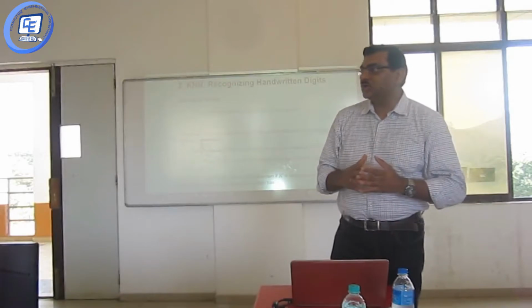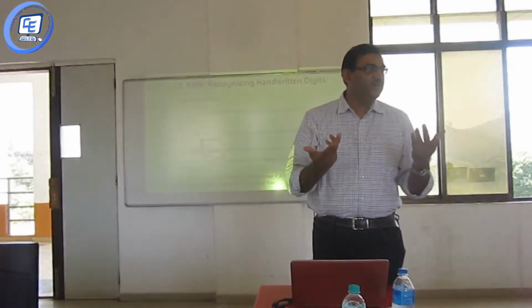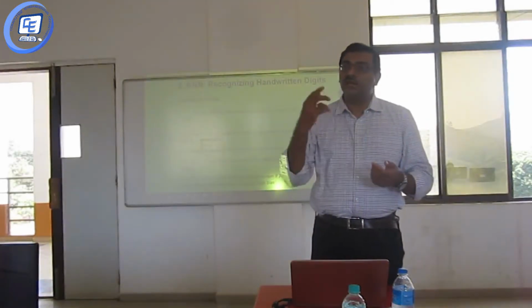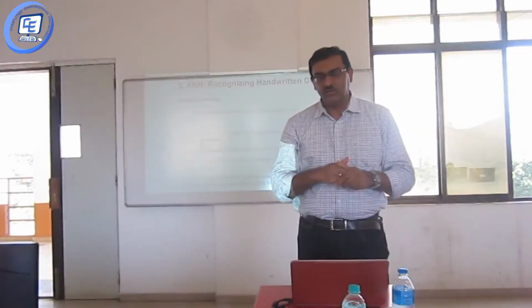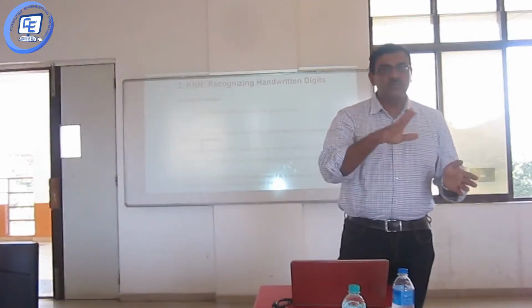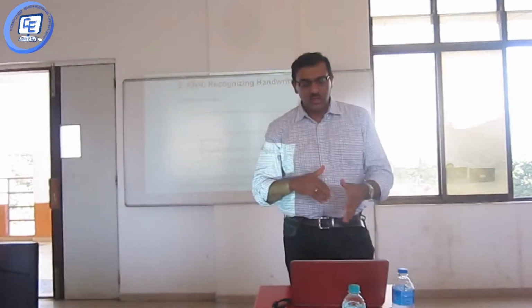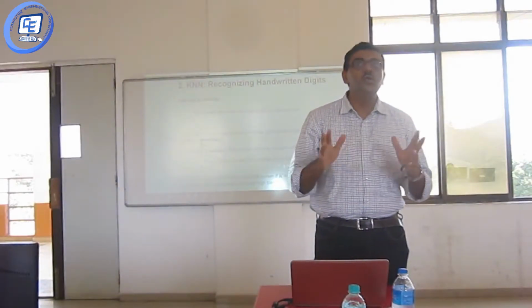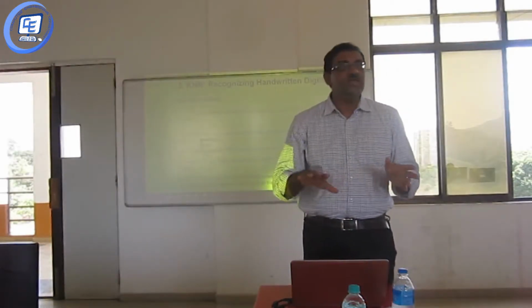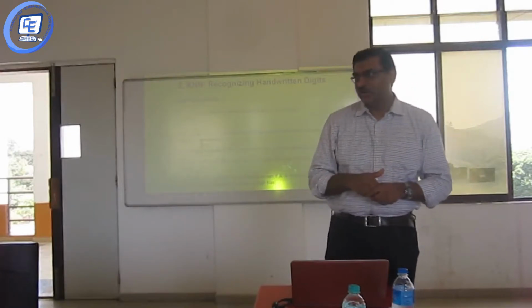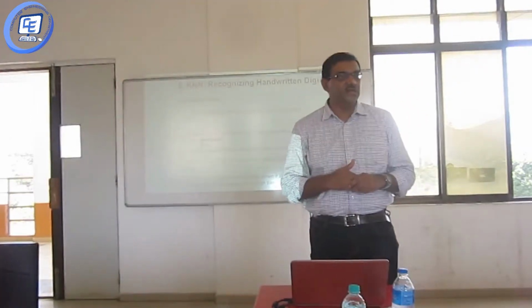In logistic regression, we had x and y, and what was learned over there was the theta value. So some learning is happening, which can be used during the testing. But in K nearest neighbors, no learning takes place. Everything happens during testing only. That's why it is called a lazy algorithm.